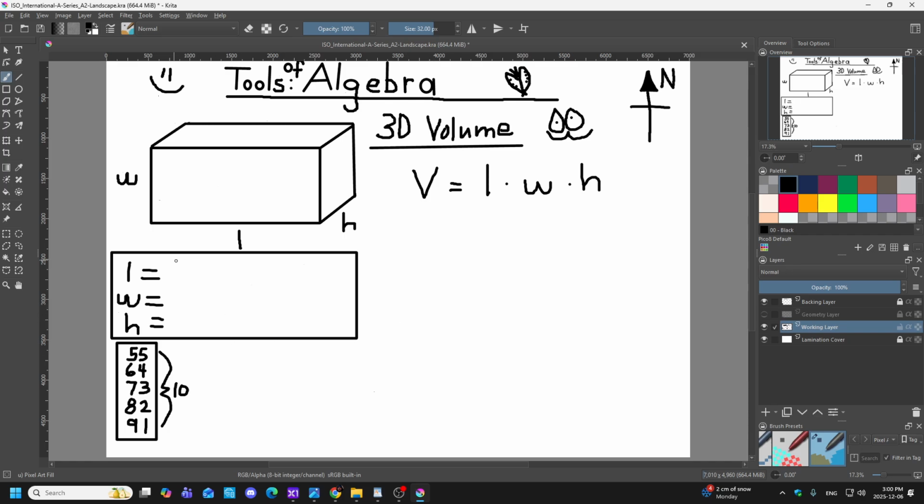Length is 6 yards. YD for short. 1 yard. Yard to inches? Sure. Yard to inches. 36 inches exactly. Okay? 1 yard is exactly 36 inches.